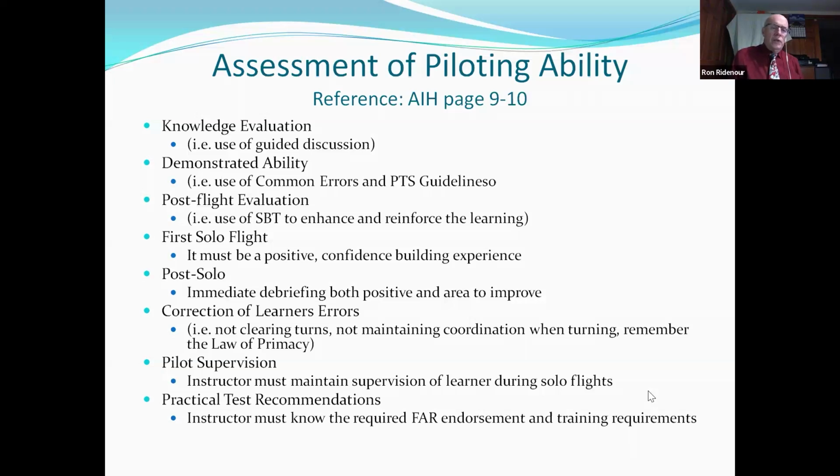If they make a poor landing, they make a bounce and they do a PIO, or they enter the pattern too low or whatever, that's not going to be a positive experience for them or for you. So make sure that they're consistently doing, especially in the approach and landing phase, the things that are necessary to make that a positive and confidence building experience.